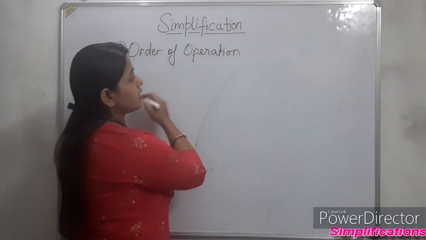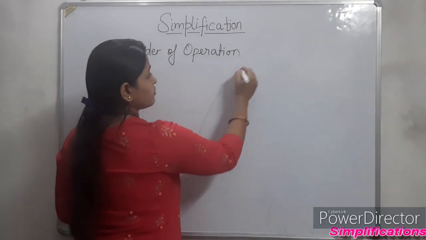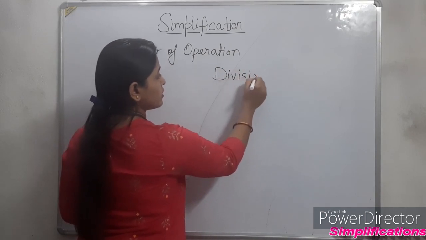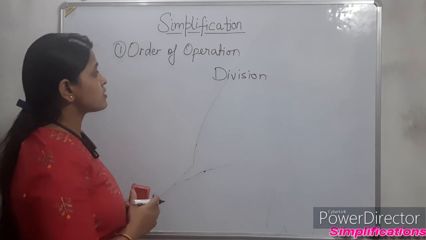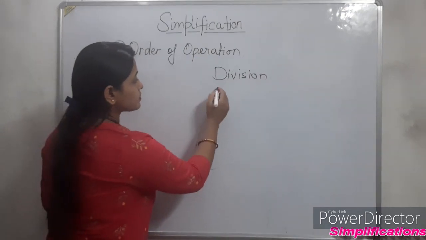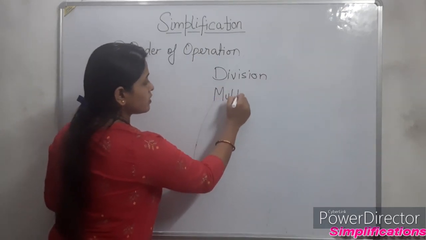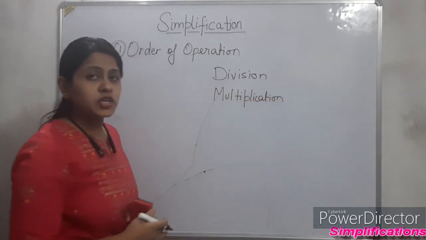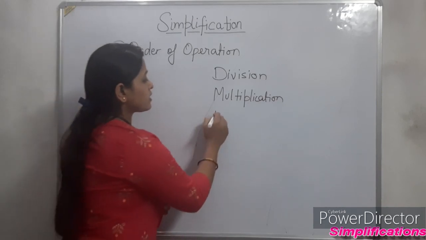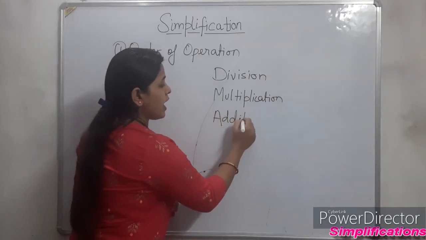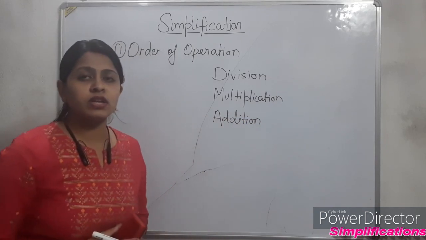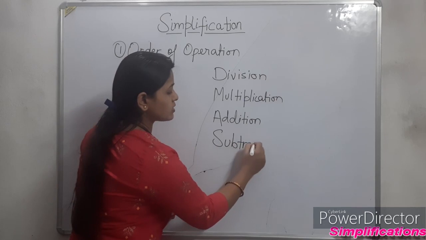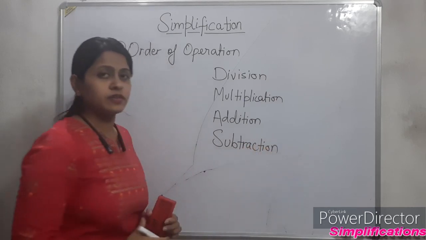The correct order is: first is division, second is multiplication, the third is addition, and then comes subtraction.